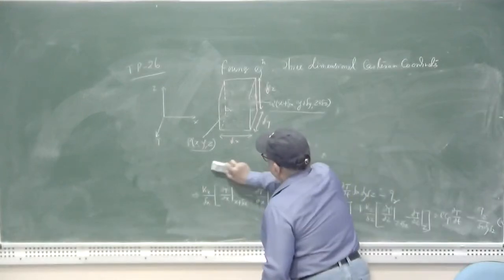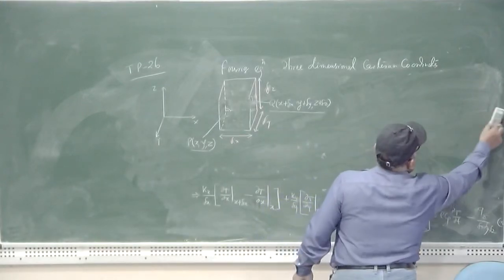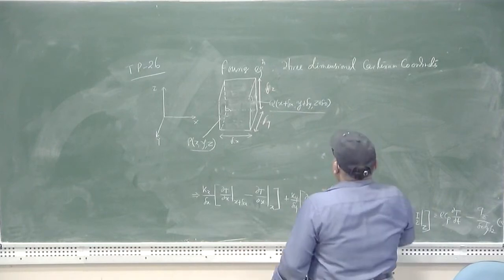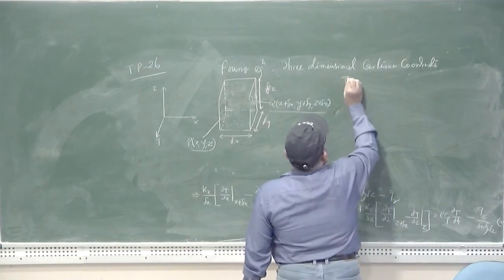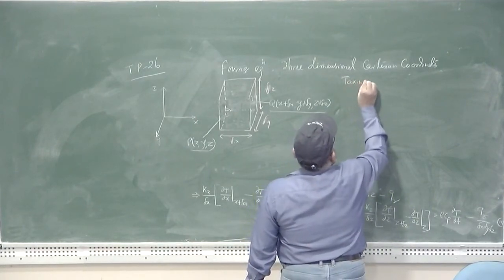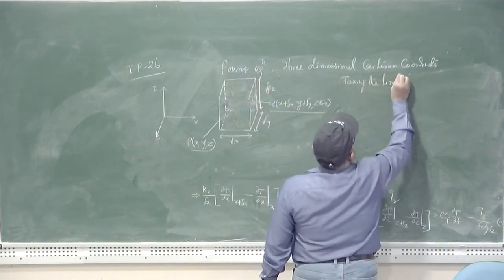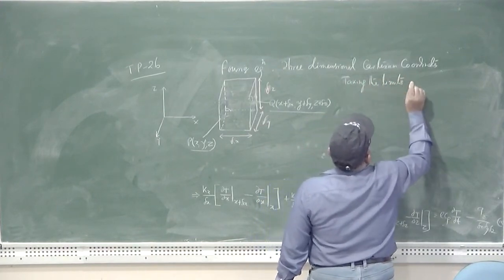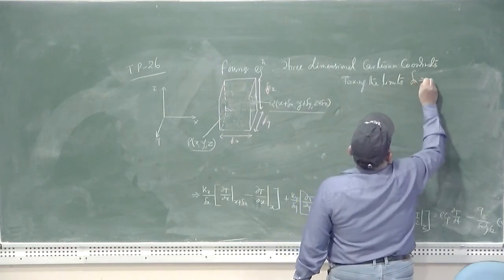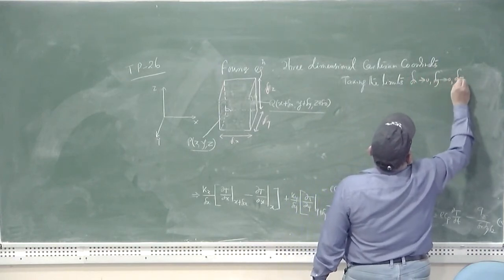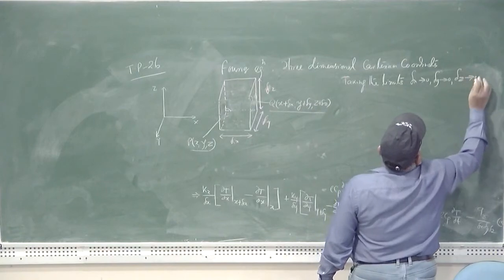Now taking the limits, delta x tends to 0, delta y tends to 0 and delta z tends to 0.